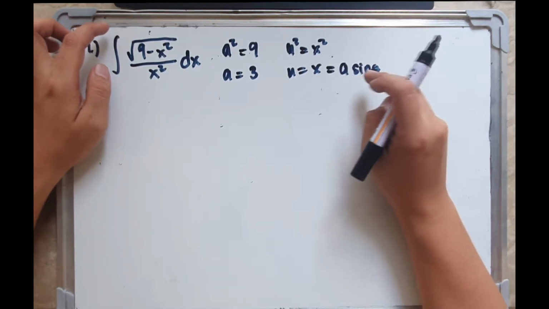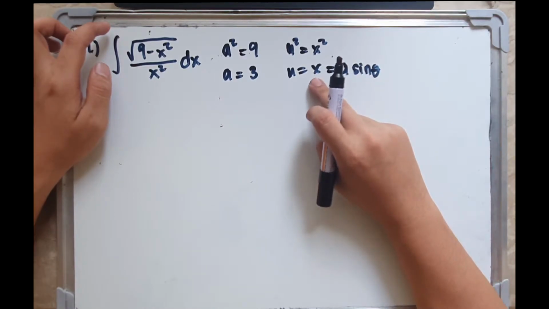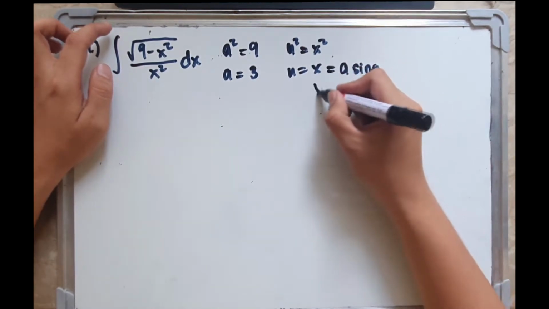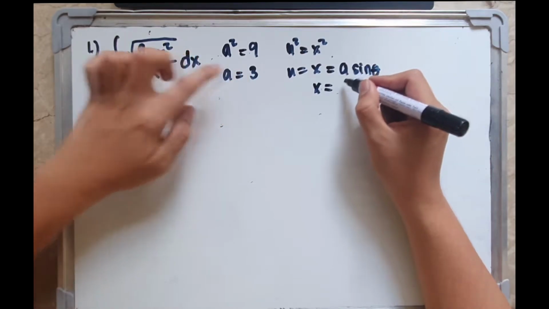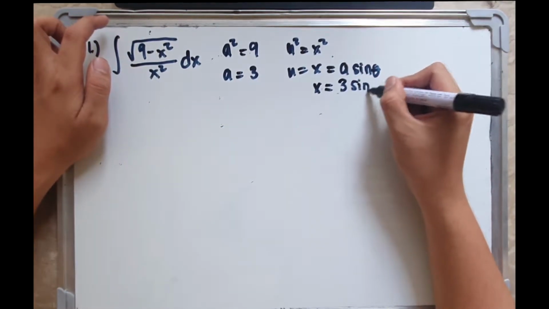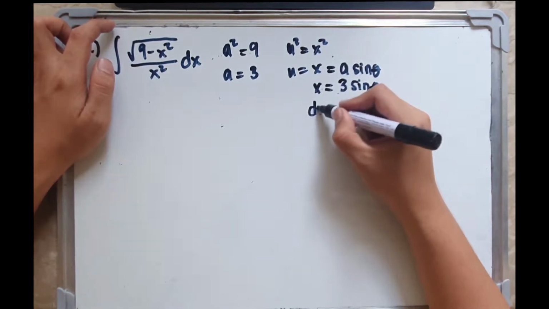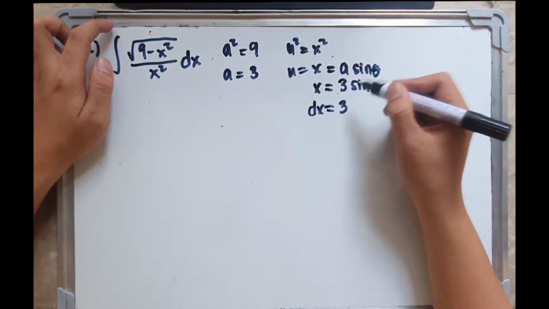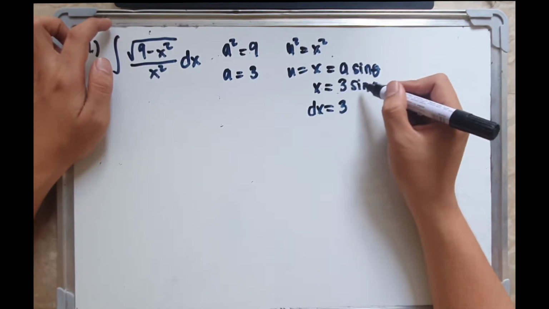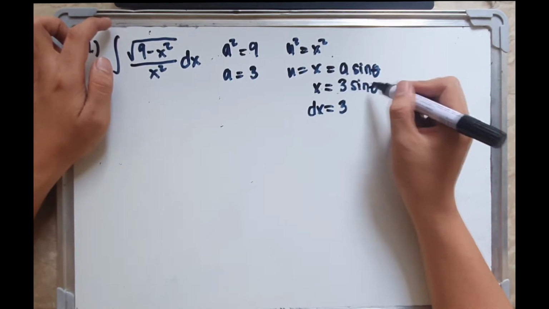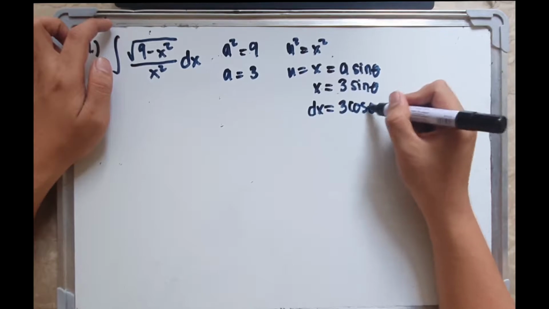So, the value of x is 3 sine theta. And we will also be finding the derivative of x. The derivative of x is 3 times the derivative of sine, which is cosine theta d theta.